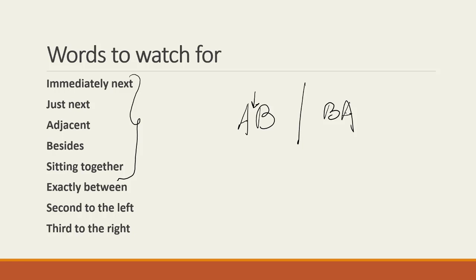When I say exactly between, if I have a line like C is exactly between A and B, this could have been interpreted in this way, or it could have been interpreted in this way. Also, when I say exactly between, it could also mean that C is midway and there could be more people, like this. This could have been interpreted in this way also.